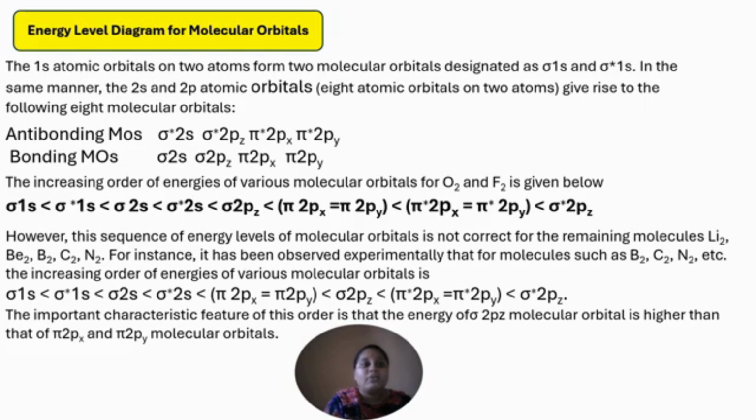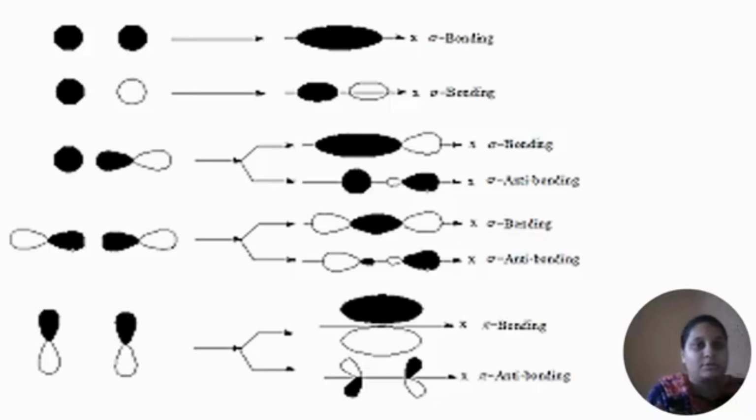The increasing order of energies of the various molecular orbitals is given here, and the energy of the sigma 2pz molecular orbital is higher than that of the pi 2px and pi 2py molecular orbitals. The energy of sigma is always higher than that of pi. So this is for sigma bonding, pi anti-bonding, sigma anti-bonding.